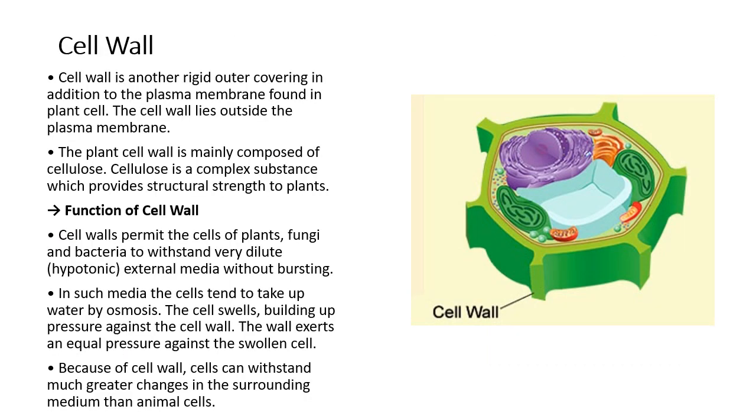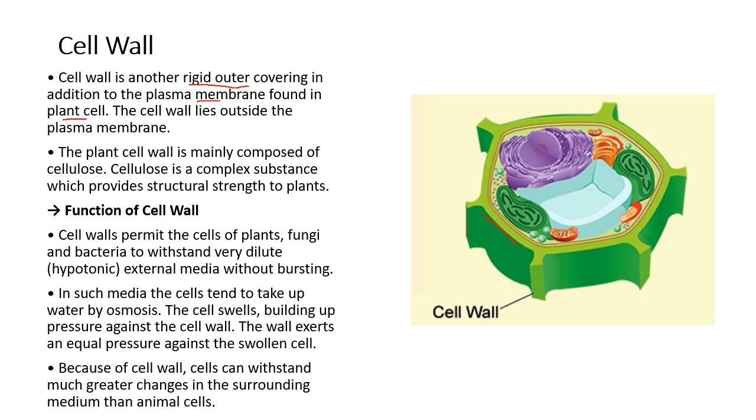Let us see about the cell wall. Cell wall is another rigid outer covering in addition to the plasma membrane, found in plant cells. Only in plant cells, not in animal cells.